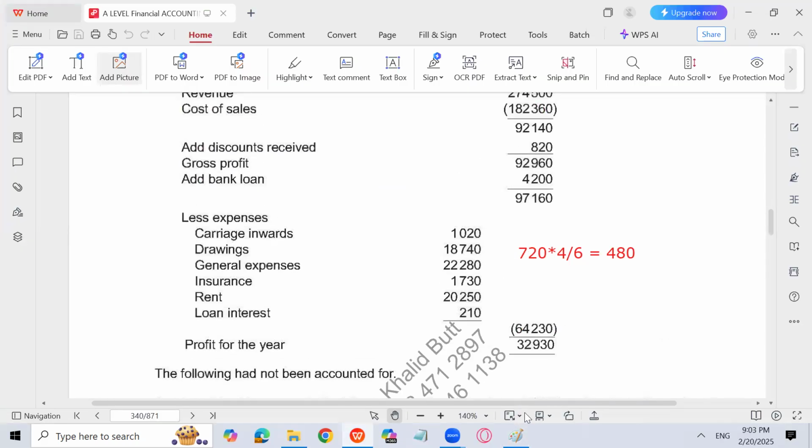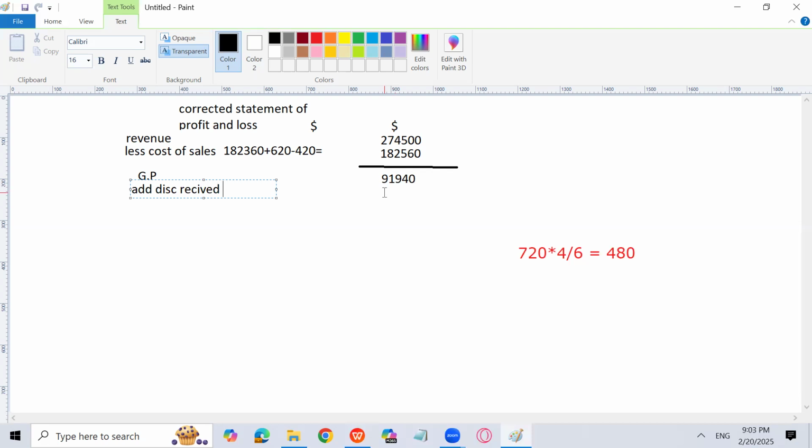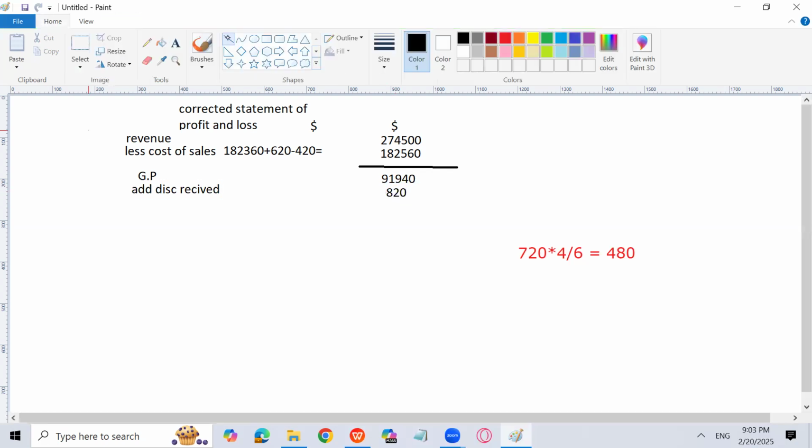Add discount received 820 to the gross profit of 91,940. So let's add that: plus 820, the amount is 92,760.